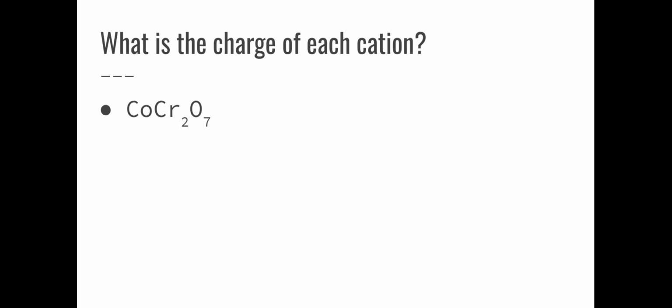After cobalt, there's chromium with a subscript 2, and after that is oxygen with a subscript 7. Right away, you should agree to yourself that there are more than 2 elements in this formula. There are 3 elements: cobalt, chromium, and oxygen.